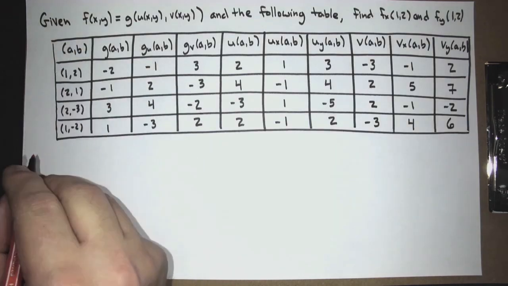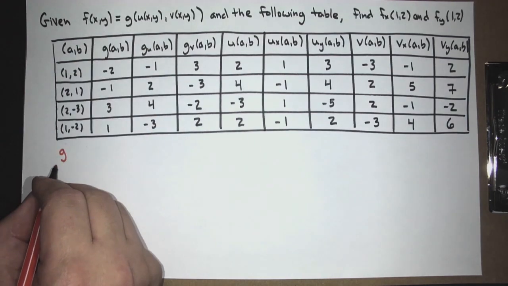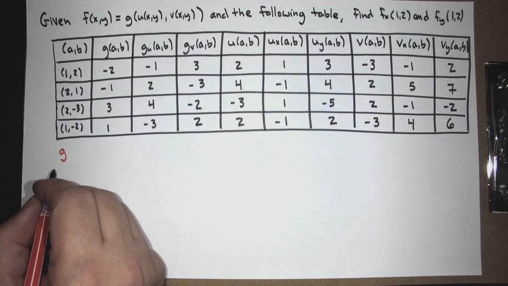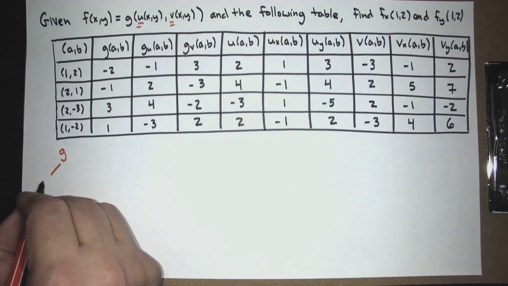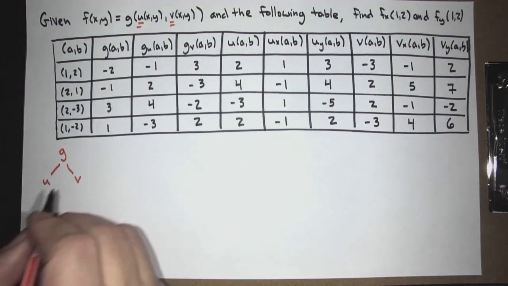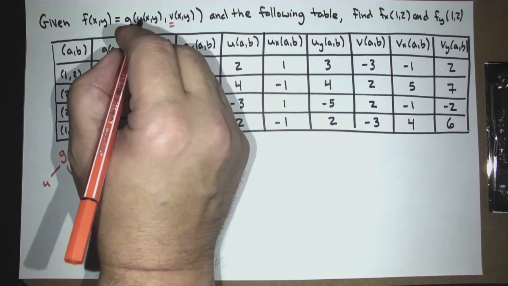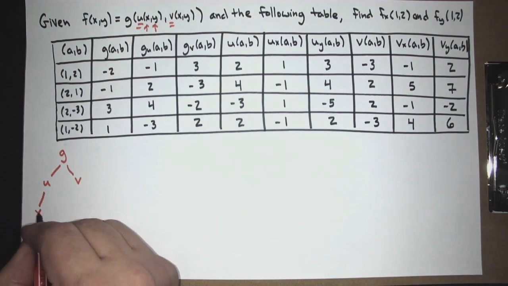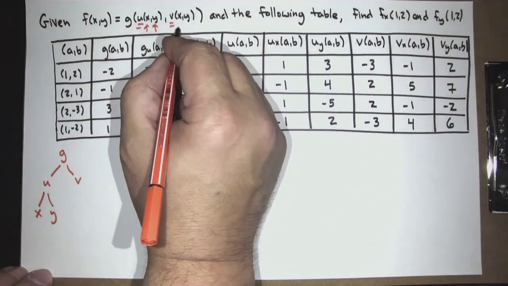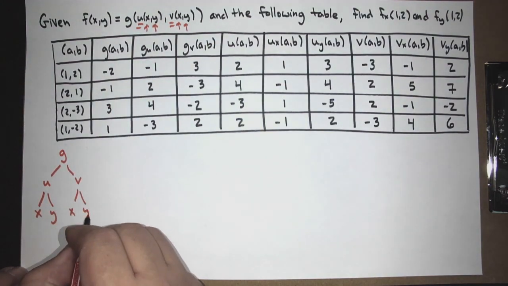So let's suppose we put g on our tree. What does g depend on? u and v. What does u depend on? u depends on x and y, and v depends on x and y. So we have our nice, lovely tree here.